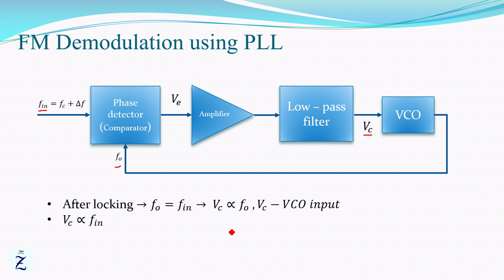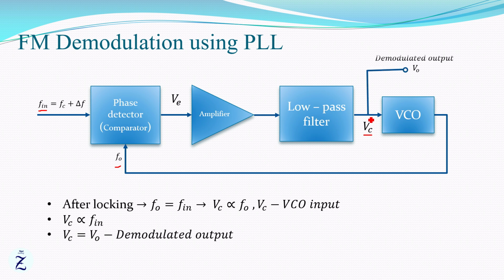Therefore, the voltage at this point will have an amplitude which is proportional to the incoming signal frequency. Hence, we can consider the voltage at this point as the demodulated voltage. This is the working principle of an FM demodulator using phase locked loop.